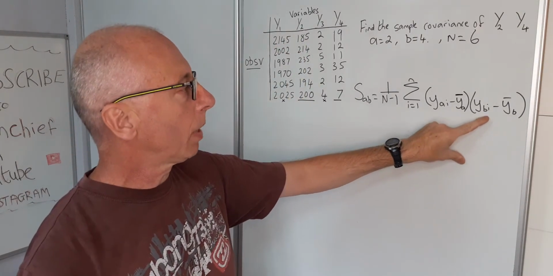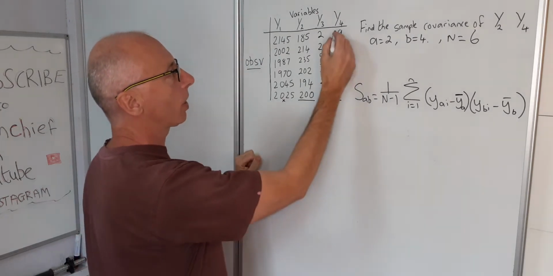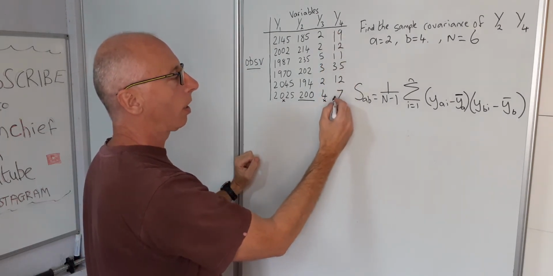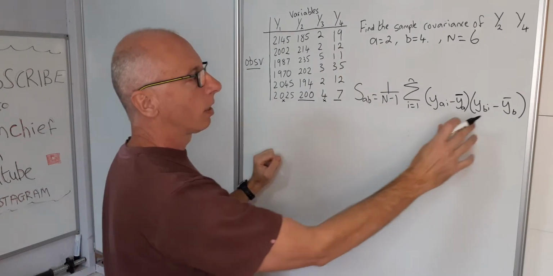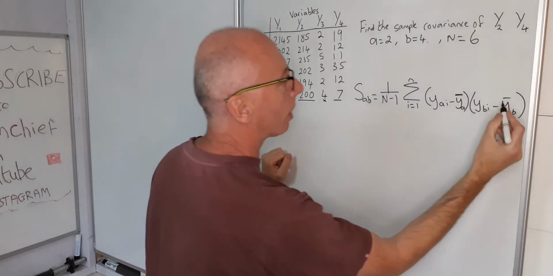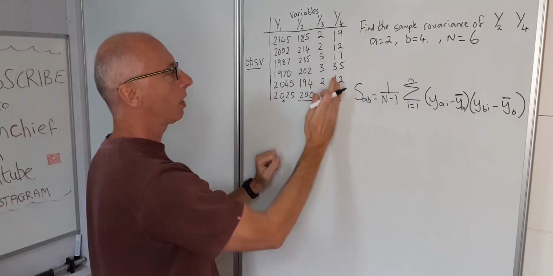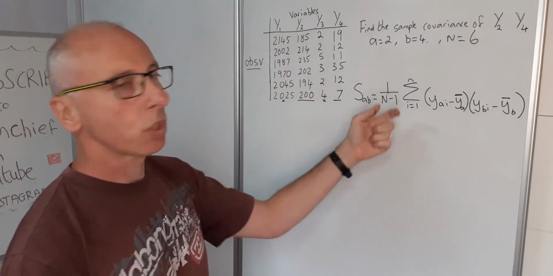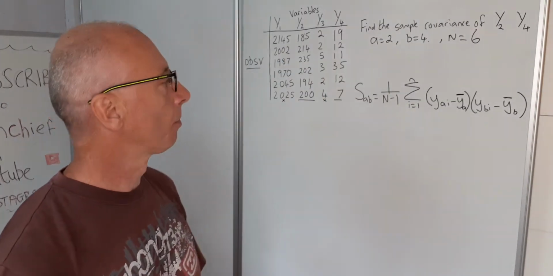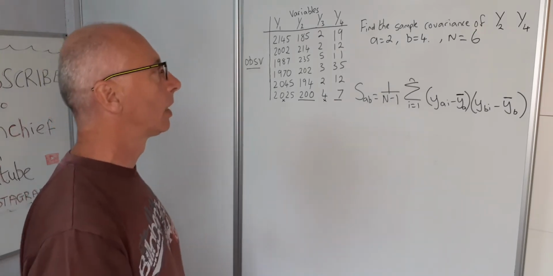Multiplied by YBi, every observation in this column, subtracted from the mean of this variable. In this case B is 4, so it's the mean of this variable here. And then we sum them up for each observation. So we're going to go through that now.